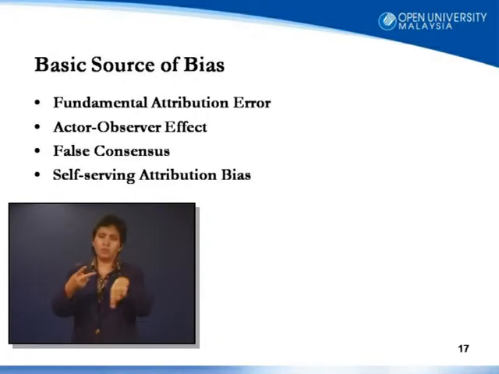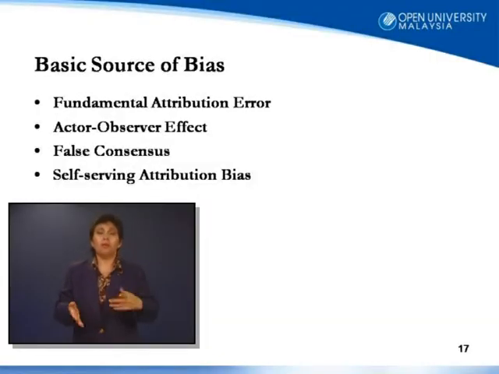Now, of course, these two, there is bias, okay? There's bias in terms of how we attribute some things, because many times how we come to a conclusion may not be right at all, because you are not the person, you would never know why that person does that thing.